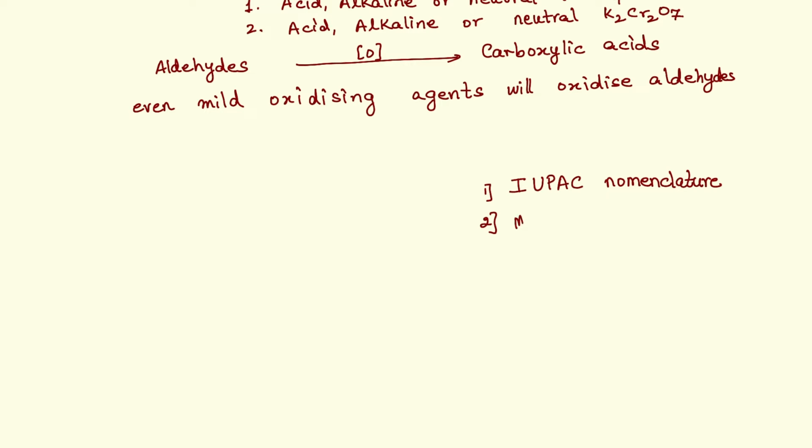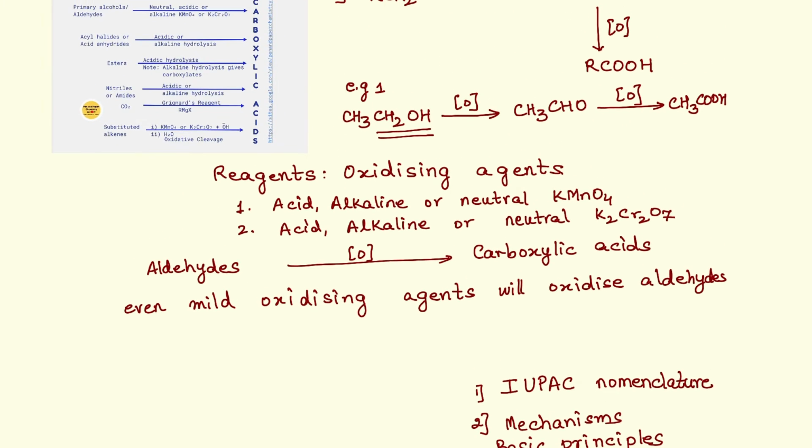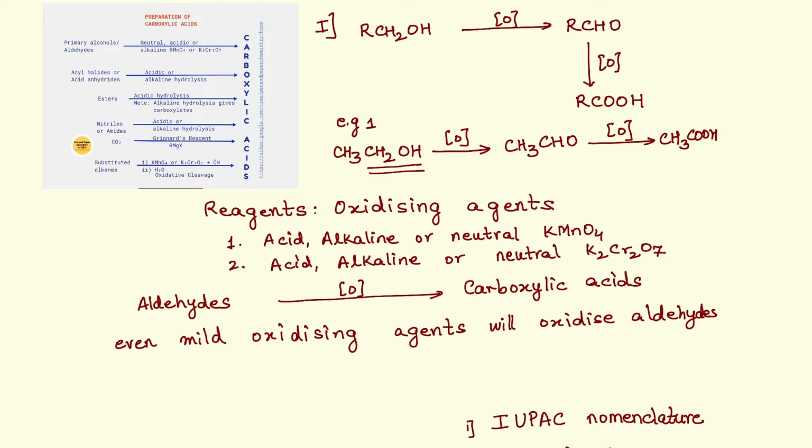And then we have the mechanisms, the basic principles of organic chemistry. Once you are done with these videos, you will definitely be smiling because your basic fundamentals, your ABC of organic chemistry would be clearer, and you will be able to understand the words that we are using over here.